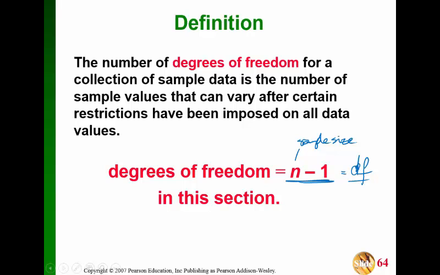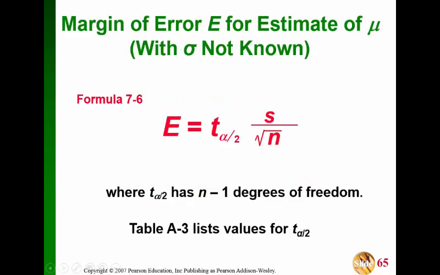And you'll see df a lot from now on, because this isn't the only strange distribution that we're going to study. Right after this, in the next section, we're going to get introduced to another distribution that's also going to require degrees of freedom. So for now, let's say our df is going to be equal to this.